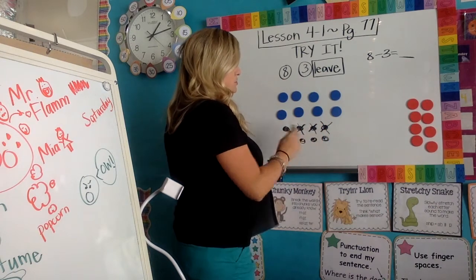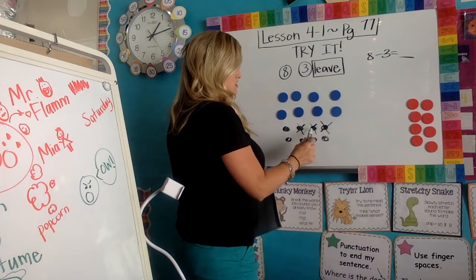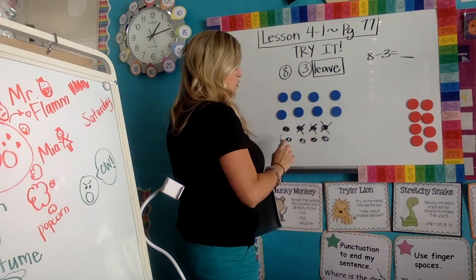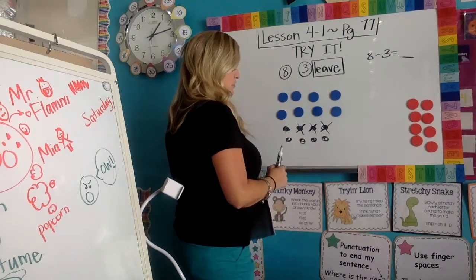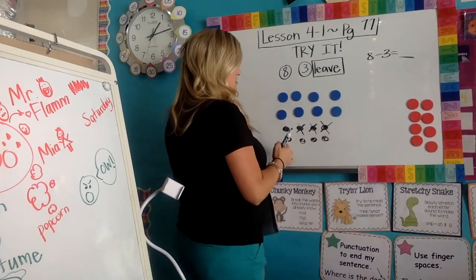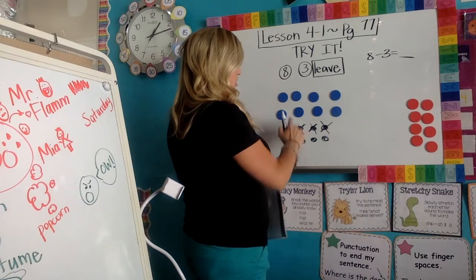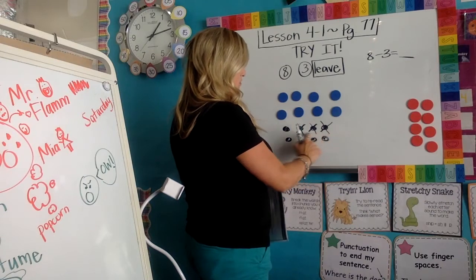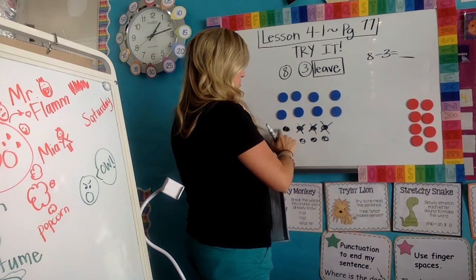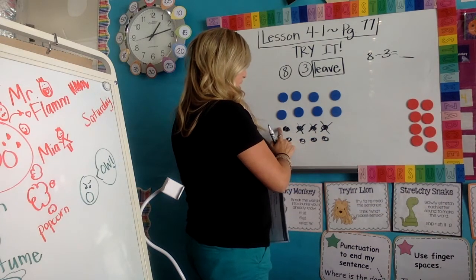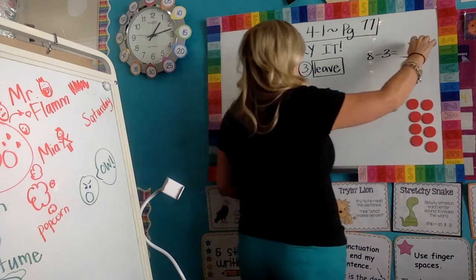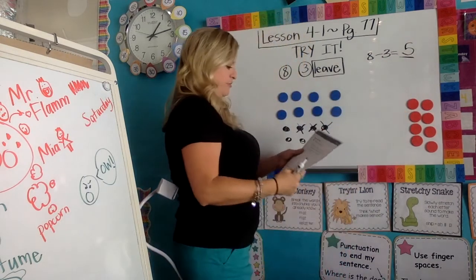You are not going to erase them because it shows that you're doing 8 as a whole minus 3. So don't erase them. You're just going to put an X through them. Now I'm going to count how many dogs I have left. I know that this row was 4 because I did 4 plus 4 equals 8. So 4, counting on 5. So 8 minus 3 is 5.